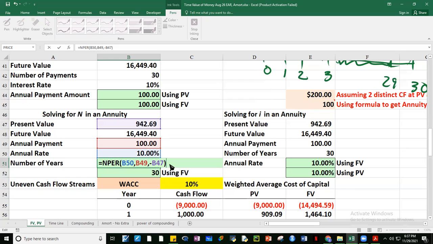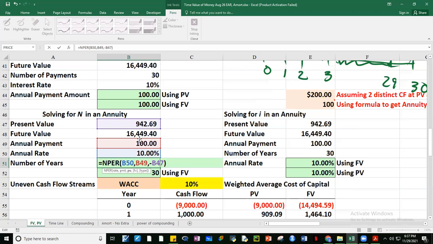Kasi walang investment na tatanggap ka ngayon na 942.69 tapos tatanggap ka pa ulit ng 100 for the next 30 years. Walang ganun. No? Kailangan may ilalabas kang pera para may huhugutin ka. So that's what this means. No? So let's assume that PMT is positive. Kaya ibig sabihin, inflow yan, tatanggap tayo ng 100.